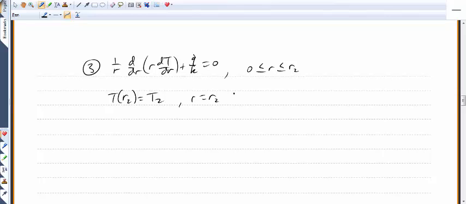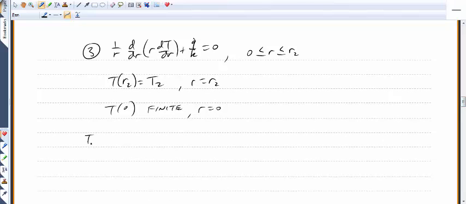So we have to come up with the second boundary condition, and that second boundary condition must occur at r equals 0 since we already have one at r equals R2. So T at 0 must be a finite number because a temperature field always contains finite temperatures. If we look at this, we can start with the general solution from example 2.